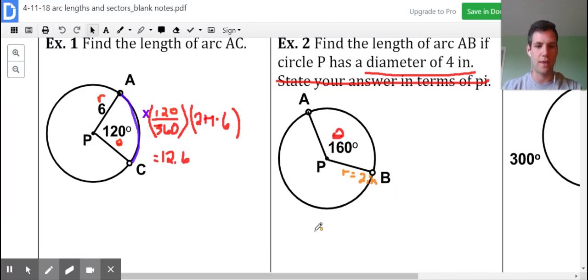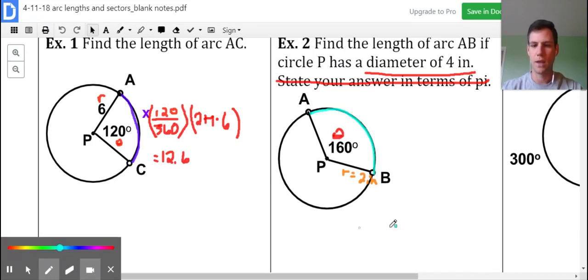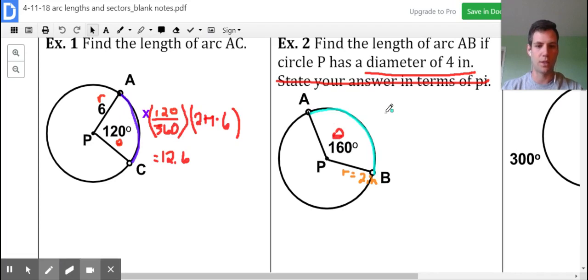So let's find the arc length. In this case, we are finding the arc length from A to B going this direction because that's what the central angle of 160 is hitting. And we would do 160 divided by 360, almost half of the circle.